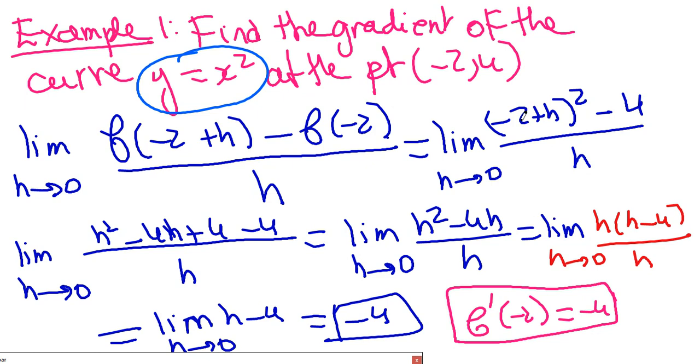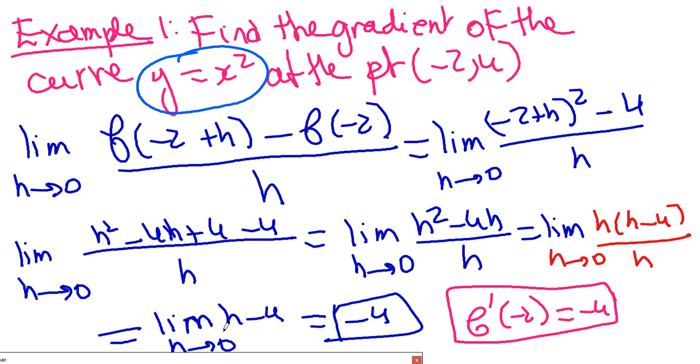Now I will expand using an identity: (a plus b) squared is a squared plus 2ab plus b squared. And then I will subtract. If you replace h by 0 here, you will have 0 over 0, undefined. So you know that I cannot do that. I need to try to simplify and then replace. I can see that I have in the numerator a common factor h. When I factorize it, I can simplify.